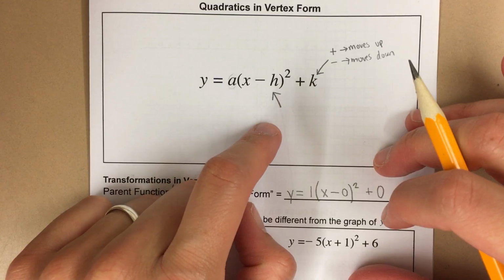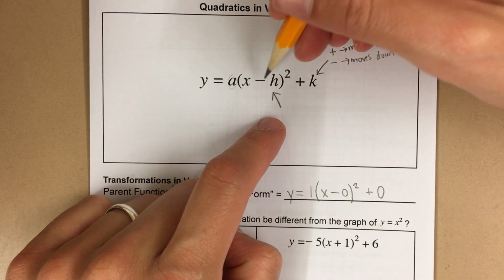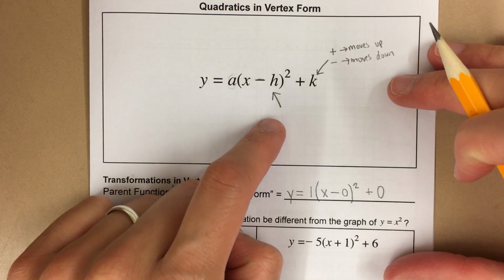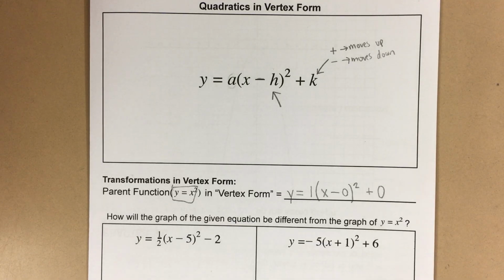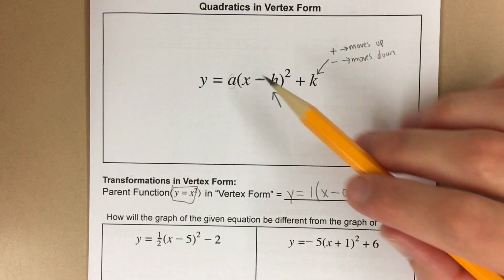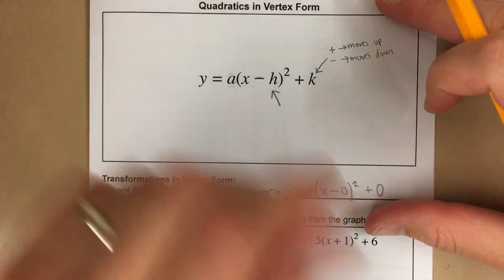Now, h moves the graph left and right. But what's a little tricky is, see how this says minus h, right? So this minus h means that if h is negative, this will say x plus a number, right? Because it'll be x minus negative 5, or whatever it is, right?